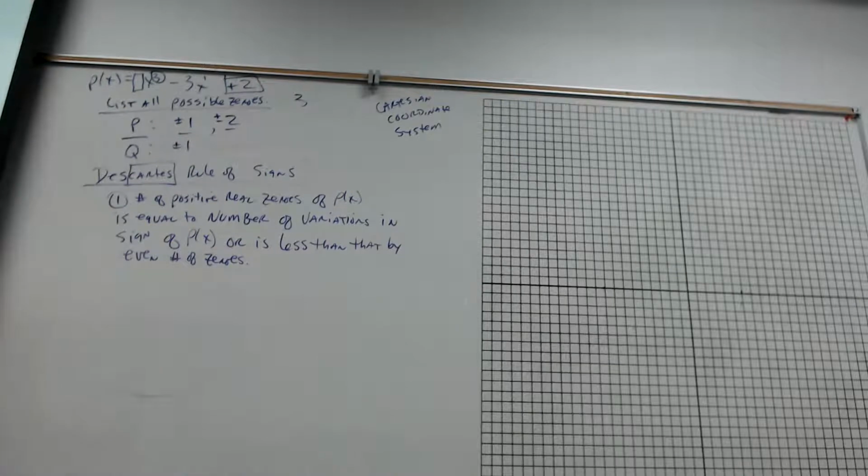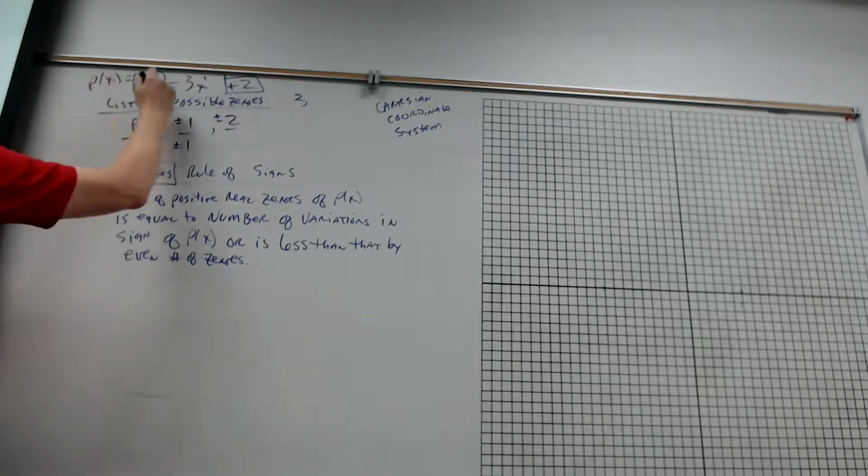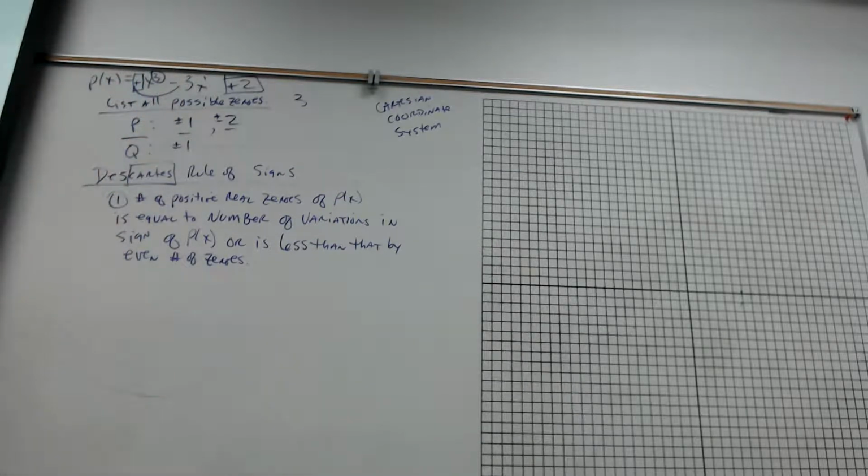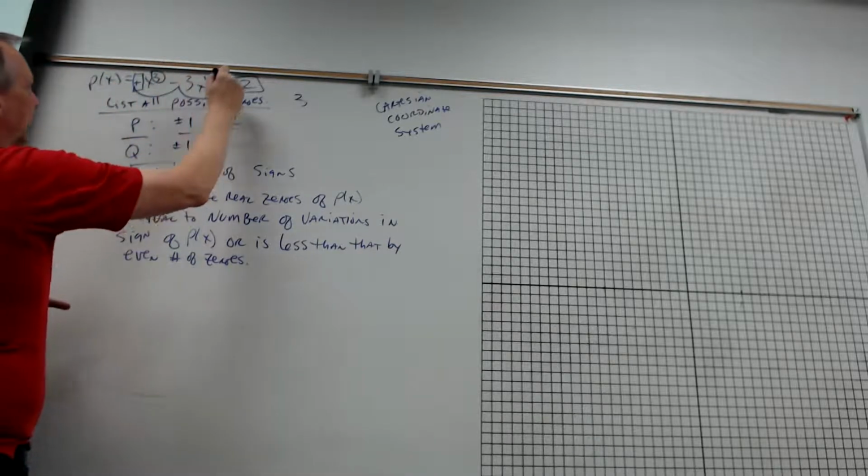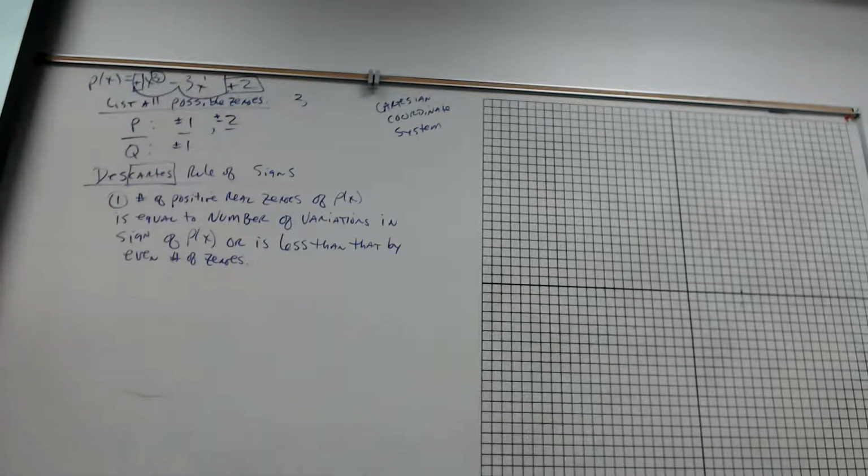So what that means in the case of the problem that we just did: this is a positive x cubed. You all agree with me on that? So if I go from positive to negative, that's one sign change. If I go from negative to positive, that's 2 sign changes.